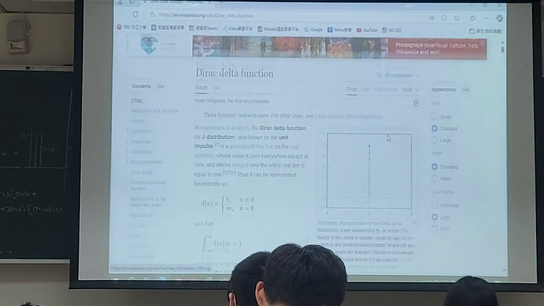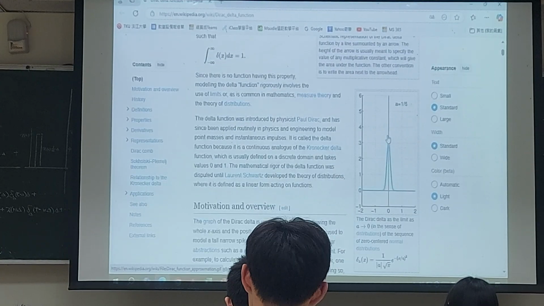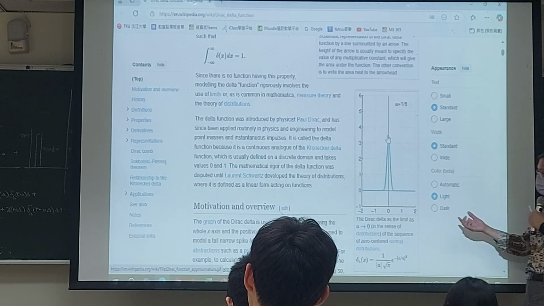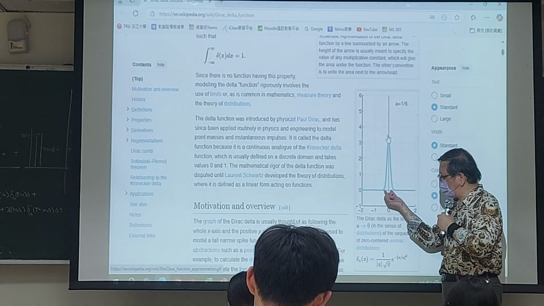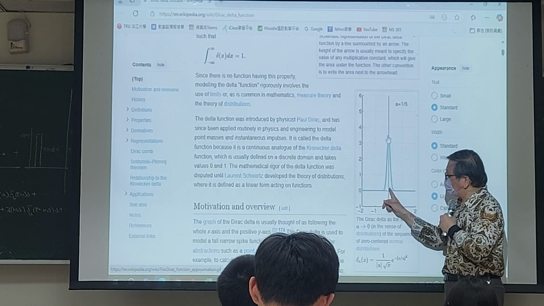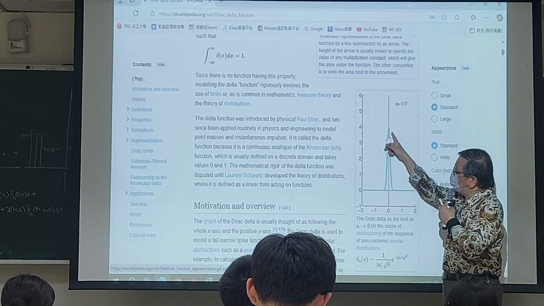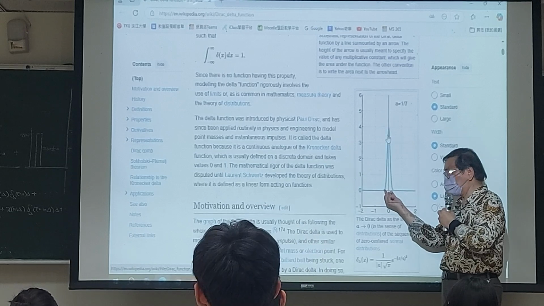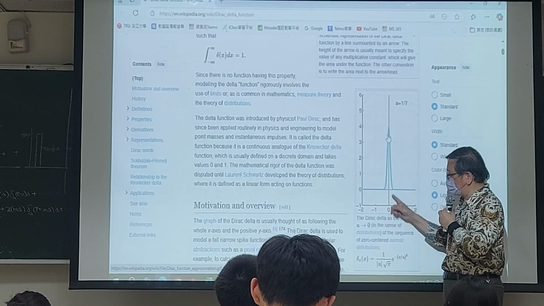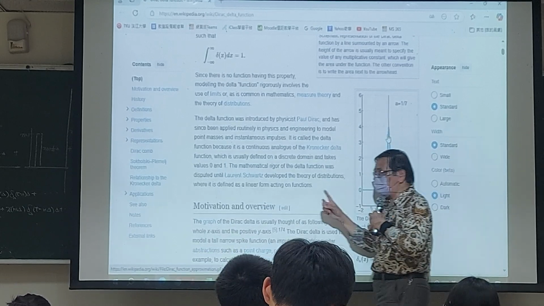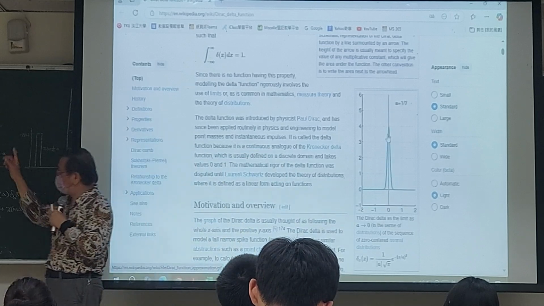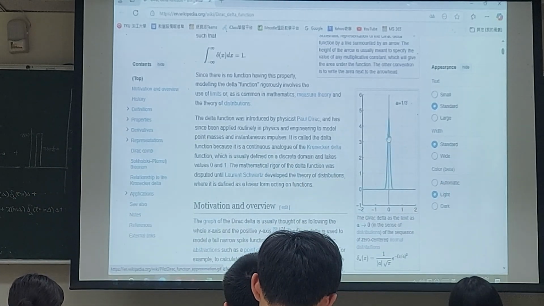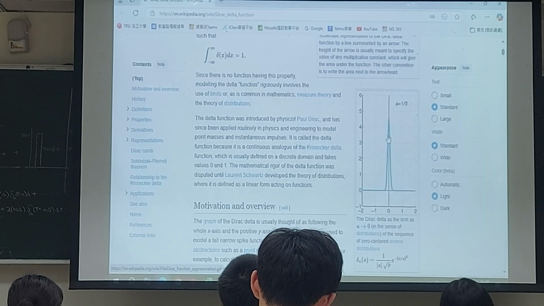Another function very similar to what we just did here is the Gaussian distribution function. You can see that when the width gets narrow, the height gets bigger and bigger. But no matter how narrow the width is, the area under the function is always 1, which is similar to what I just gave you here. I'll erase this one. So this is another type of the impulse function.